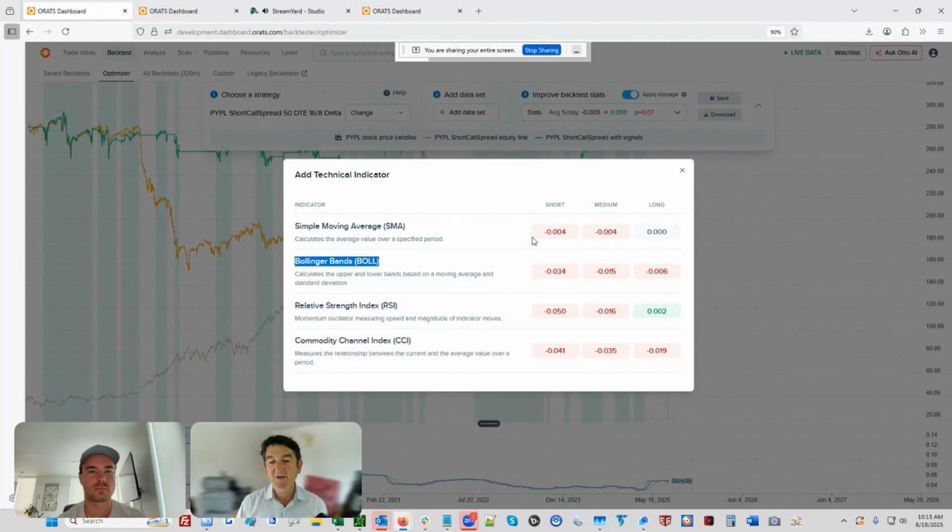But we found that the SMA is generally the better one, so that's why we present it. I think it also has the least chance of negatively impacting the p-value, just because it's such a tried and true indicator.